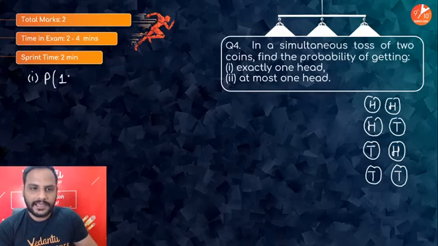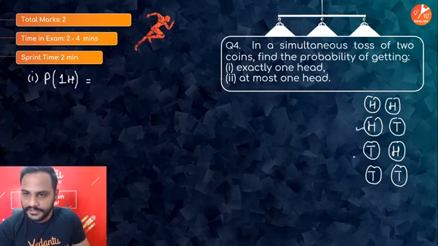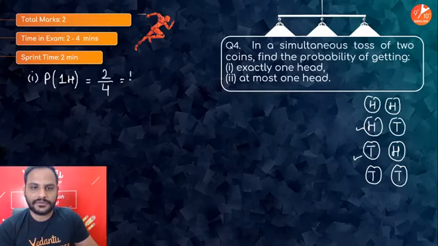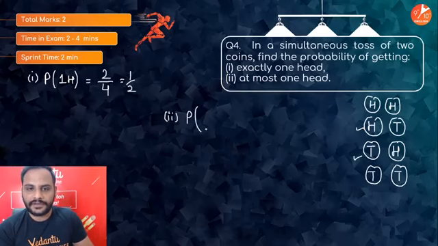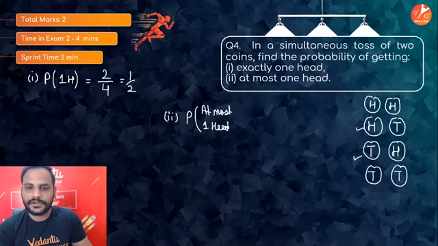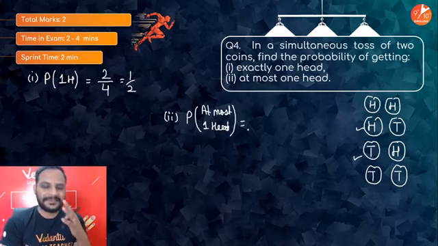Probability of exactly one head. So, exactly one head you are getting in the second case and in the third case. So, out of 4, 2 favorable outcomes, that is 1 by 2. Second case, at most one head. At most one head means you want maximum one head.